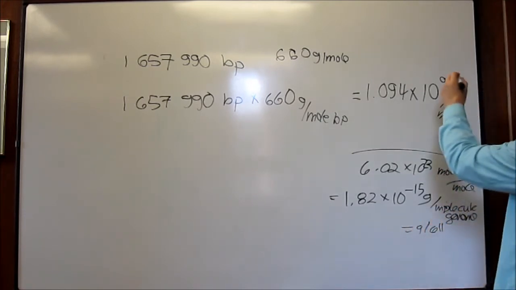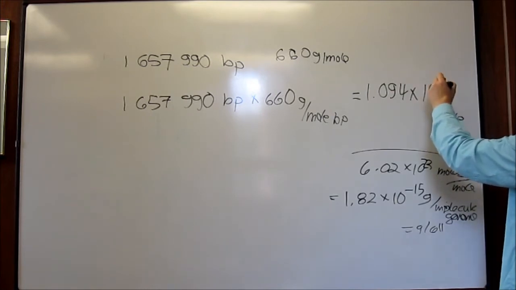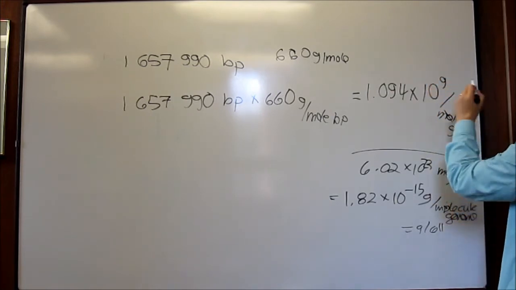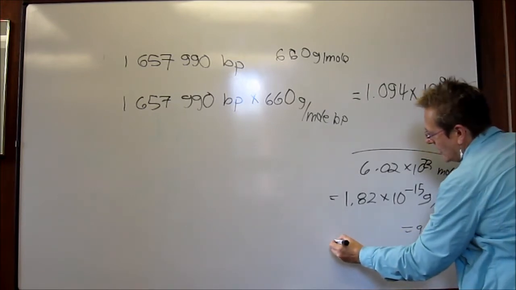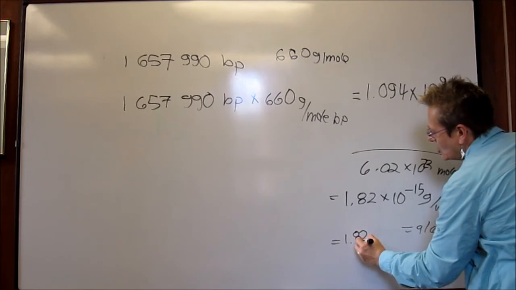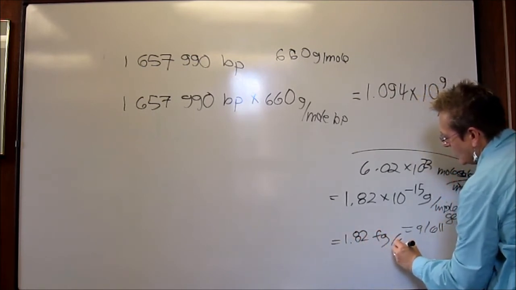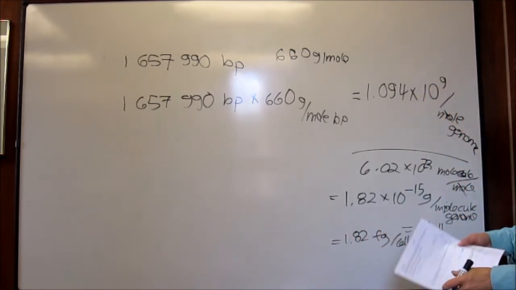If you cancel your units here, the moles will cancel out. We'll end up in grams per molecule of genome. That's not a very usable unit, so we'll call that 1.82 femtograms per cell. So that's how much DNA we have in a cell.